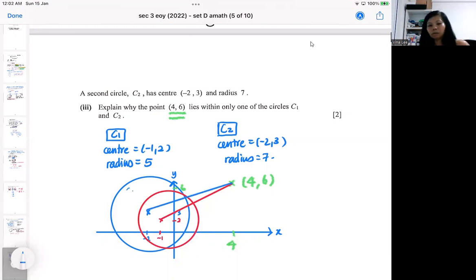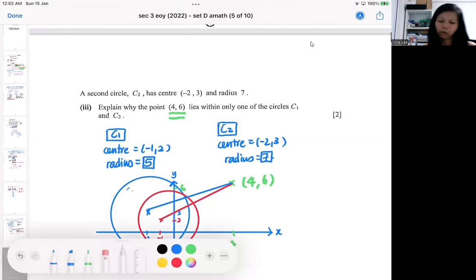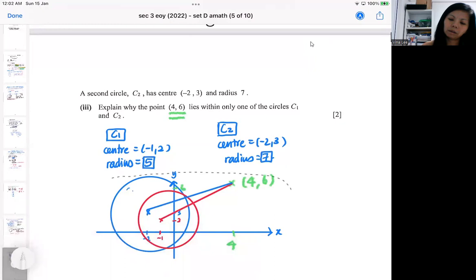I'm going to calculate the length to the two circles, and then I will be comparing with the radius. So let me show you the approach.